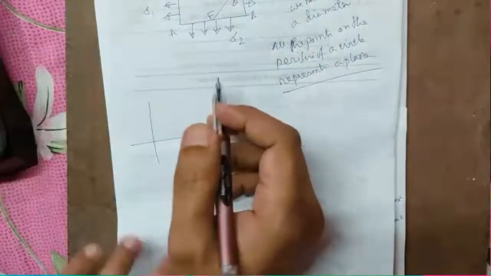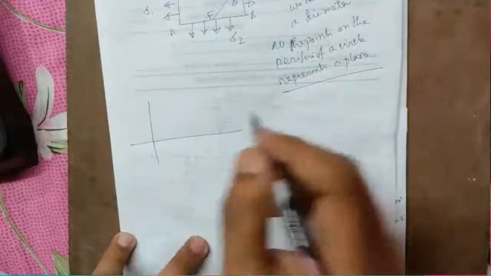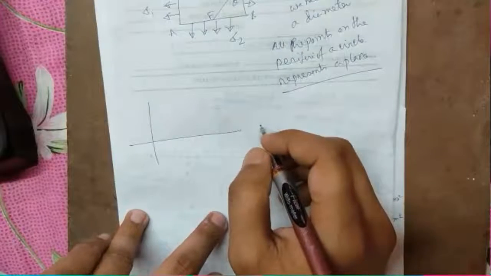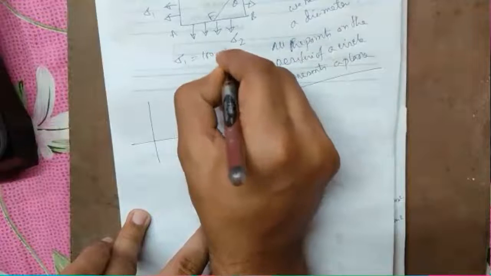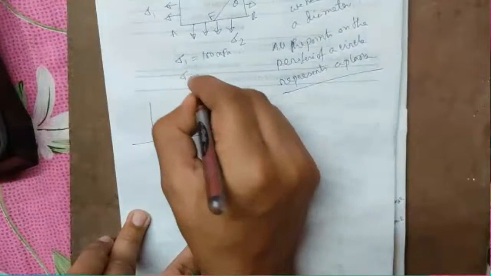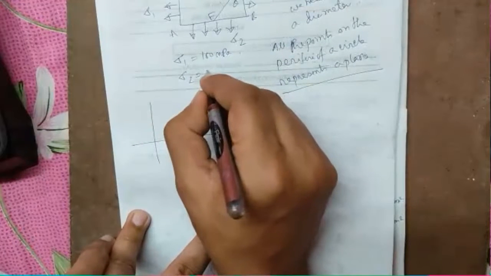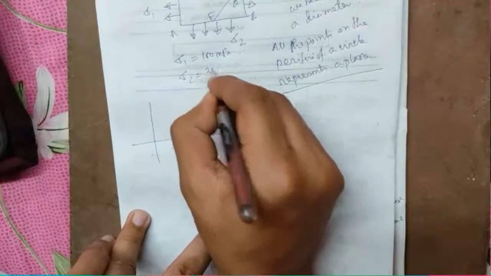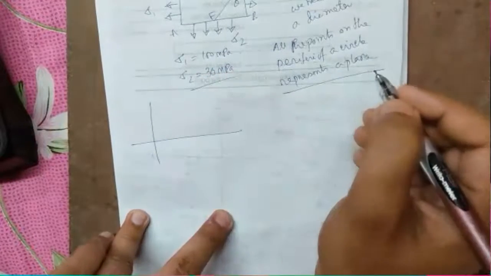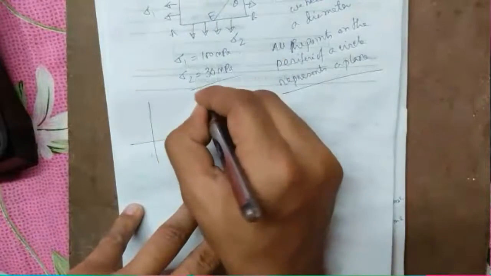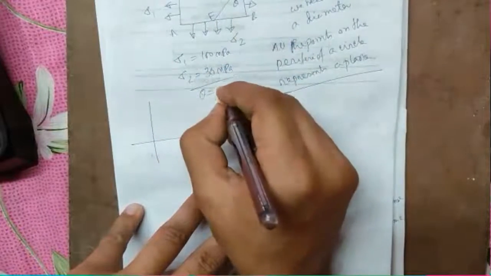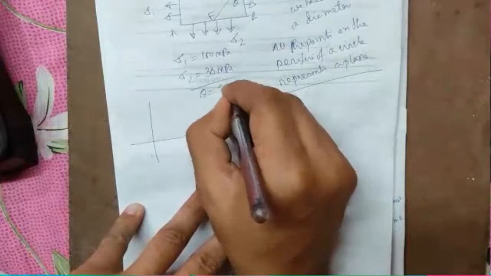This sigma 1 and sigma 2, let us have sigma 1 as 100 MPa, sigma 2 as say 30 MPa. Our job is to find out the stresses at an angle when theta is equal to say 30 degree.